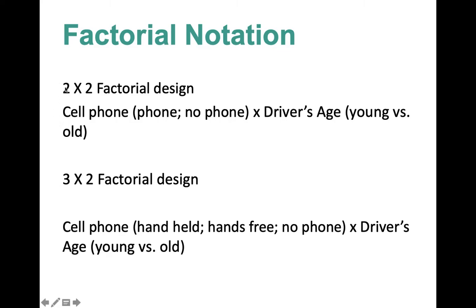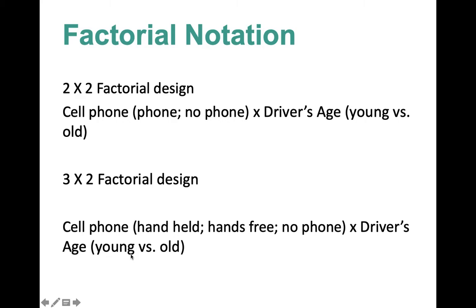So in the first case, in the 2x2 factorial, we could say that we have a cell phone by driver's age factorial design where there's two levels of each, phone, no phone, young versus old. In the 3x2 factorial design, we have 3 levels of cell phone, hands held, hands free, no phone, and then still 2 levels of driver's age.